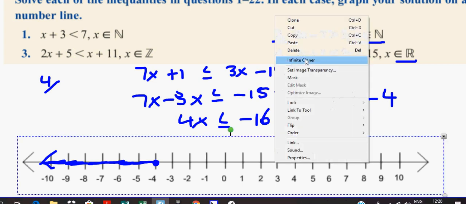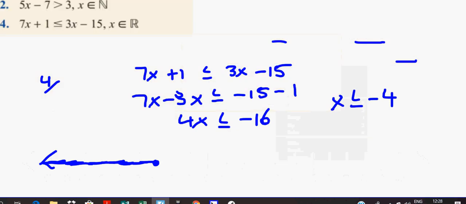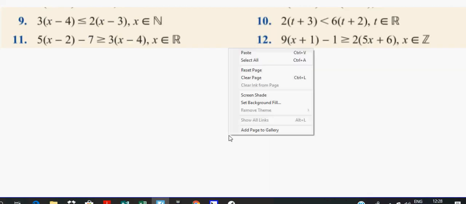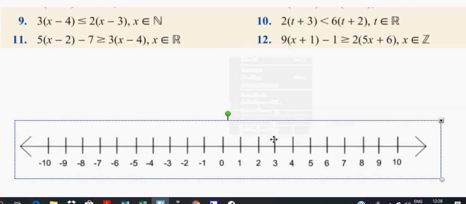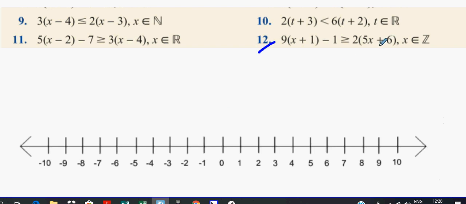With 2 minutes remaining, we should be able to get another 1 or 2 done. Now, oh dear. Look at this one here. You think it's a bit harder? We'll try question 12. x is element Z. You got it? So what do you think about element Z? Just going to multiply it out quickly.